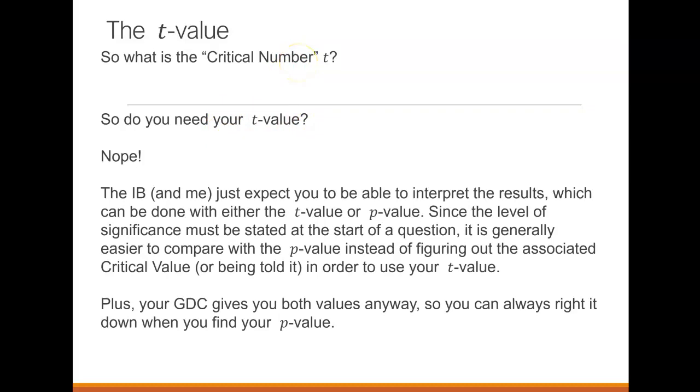You will be asked and expected to interpret results that could be done either with a t-value or a p-value. Since level of significance must be stated at the start of the question, generally it's easier to compare the p-value with the alpha than trying to figure out the associated critical value in order to use your t-value. But if we tell you the critical value, then all you're doing is comparing with the t, right?